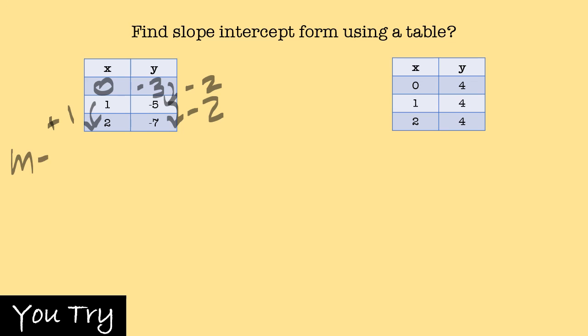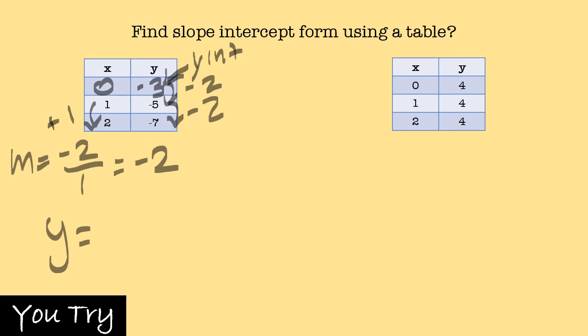So our m is equal to -2 over 1, which is equal to -2. And our y-intercept is -3, right? That's our y-intercept. So let's write it. Y is equal to -2x minus 3.